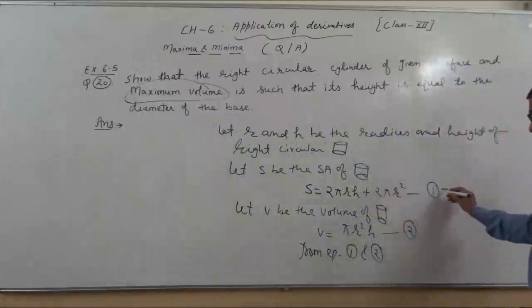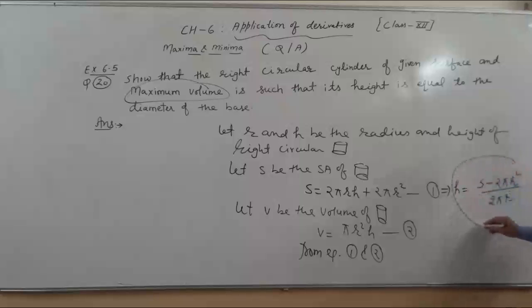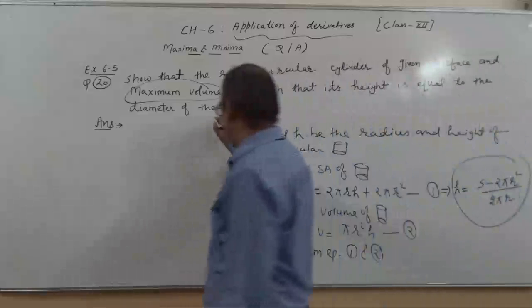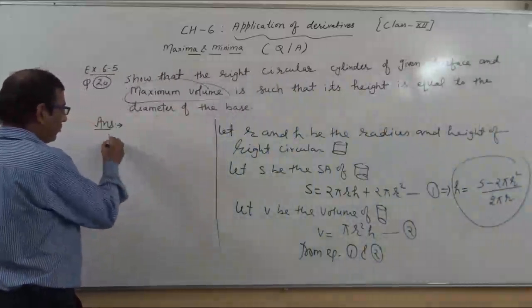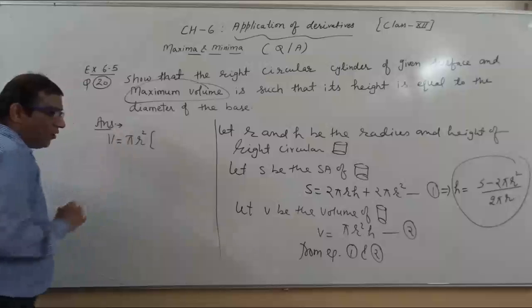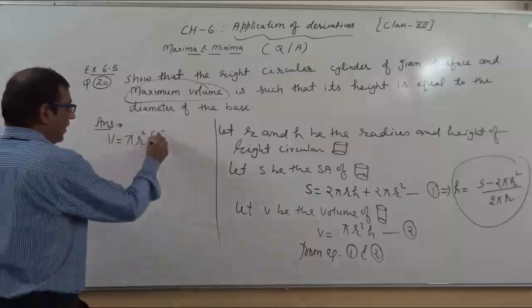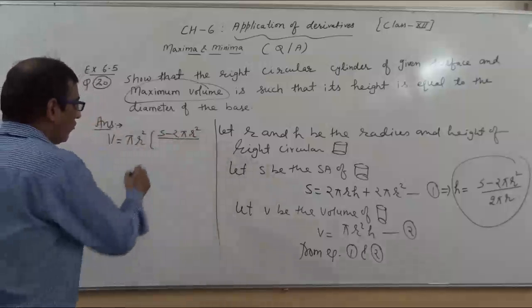So if we calculate the value of H from here, it can be written as S minus 2 pi R square upon 2 pi R. This value of H we will put in equation number second. So after this step, V equals pi R square, and the value of H is S minus 2 pi R square upon 2 pi R.